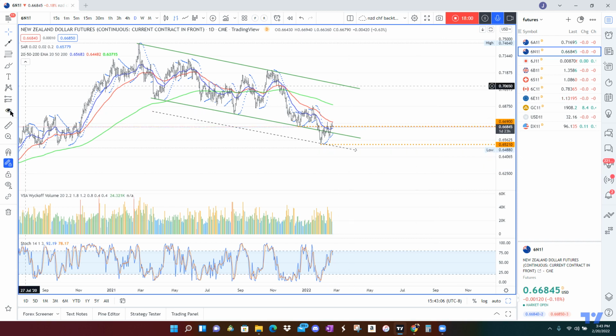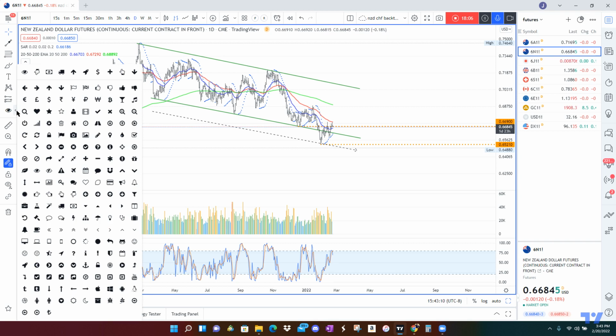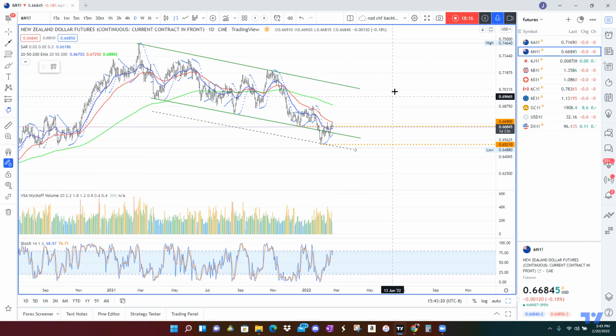So if we were to tally up the number of indications that we had that were bearish or bullish, right? I'll put one down finger, because the trend itself is bearish on the daily.